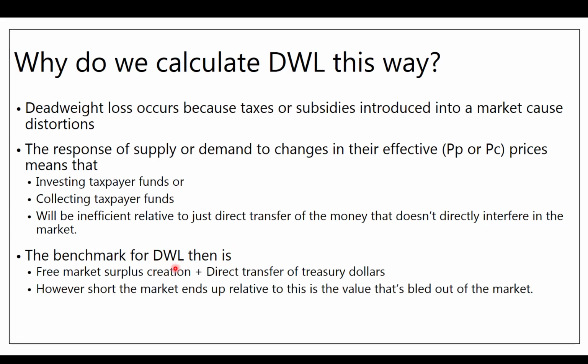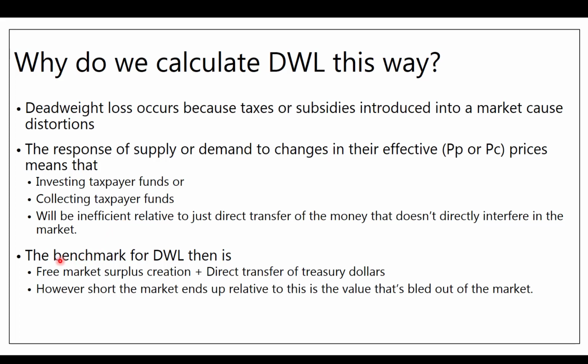Deadweight loss, measuring this loss in transfer, this bleeding of money as you inject it into a market, is one of the ways that we do evaluation on behalf of the public budget. Same thing when we collect taxpayer funds. Are we collecting them from a market that is an efficient place to collect money for public projects, or are we not?